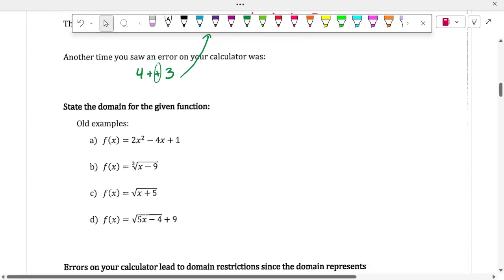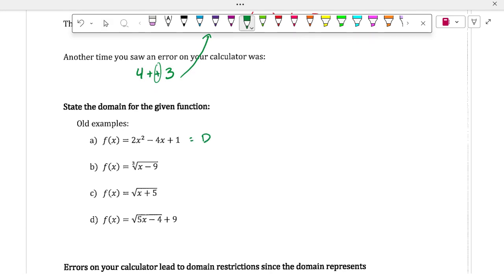All right. That being said, let's take the domains of these functions. The first one's a quadratic. What's always the domain of a quadratic? All real numbers. Second one, it's cubic, which is all real numbers. The next one is a square root.